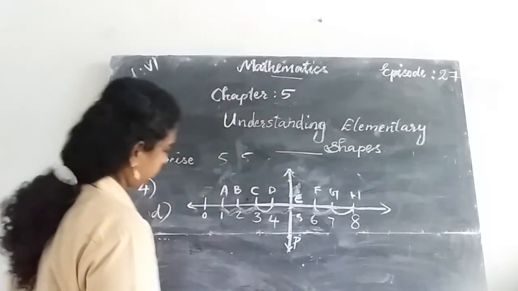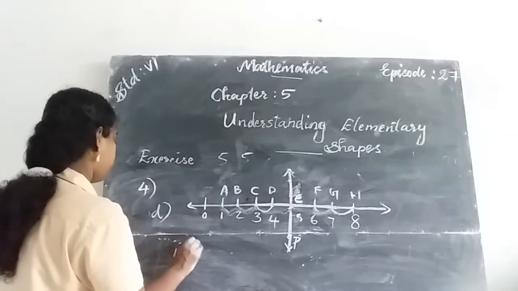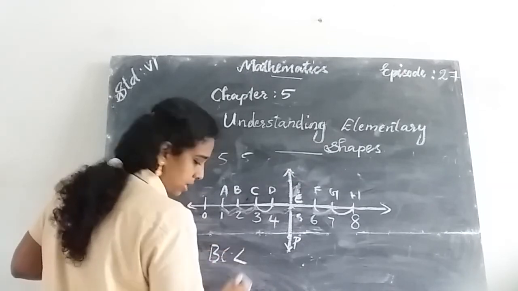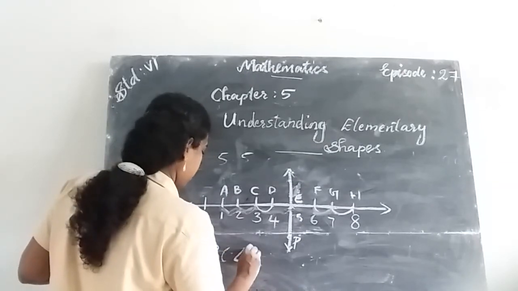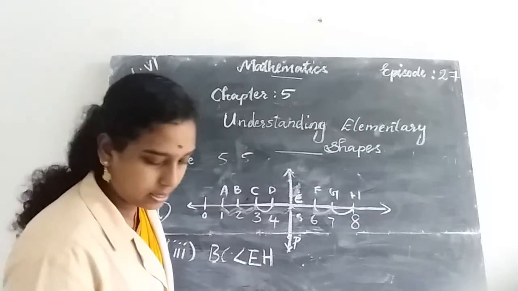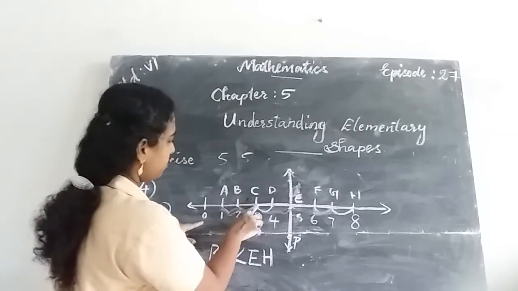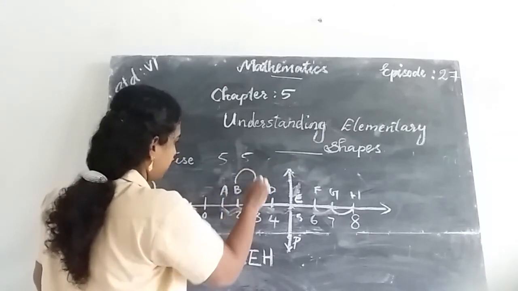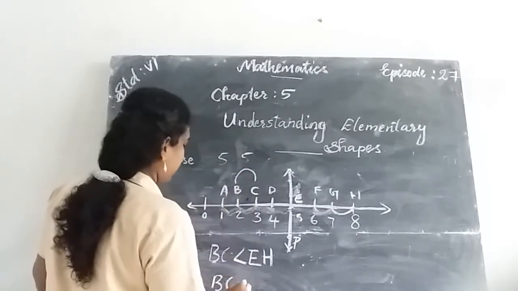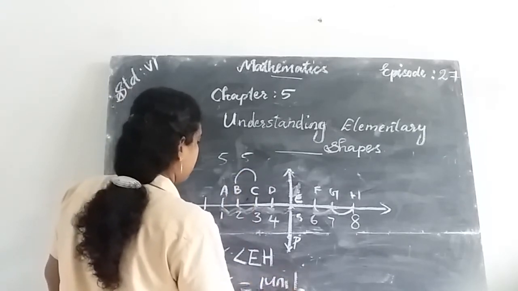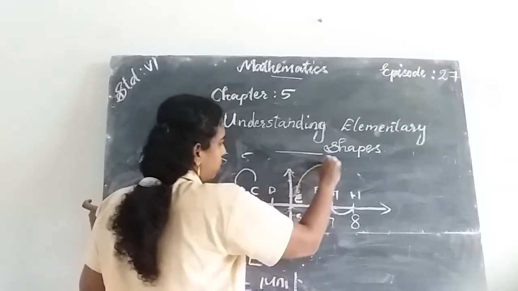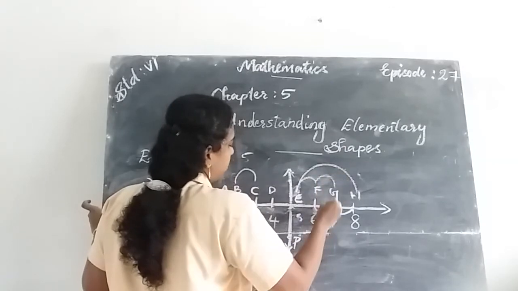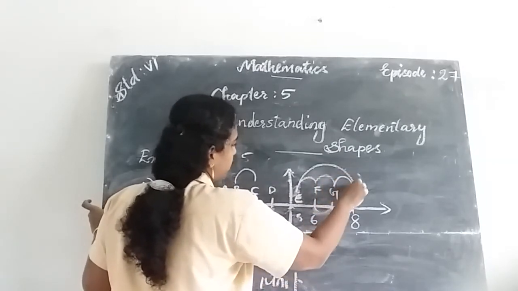Then third statement. BC less than EH. Here BC means D to C, it is 1 unit. BC is equal to 1 unit. And EH, E to H, it measures how many units? E to F 1 unit, F to G 1 unit, and G to H another 1 unit.